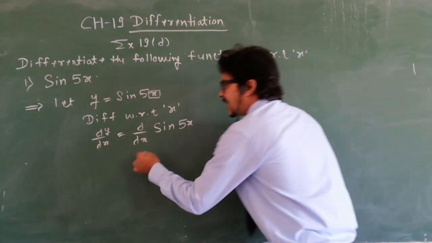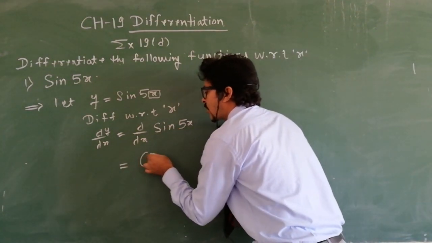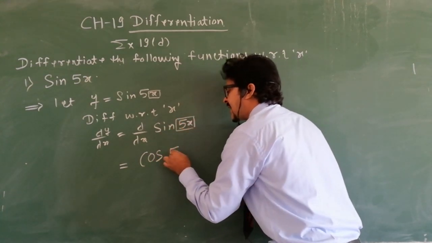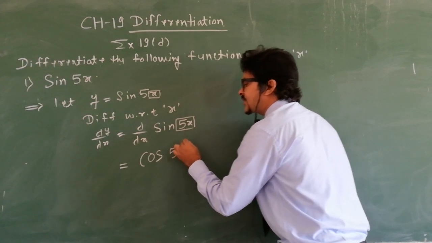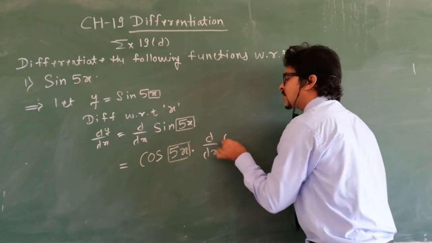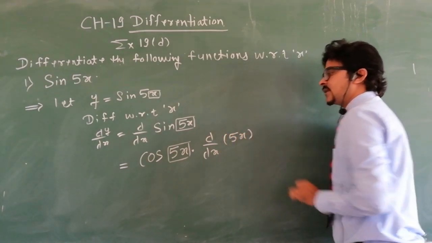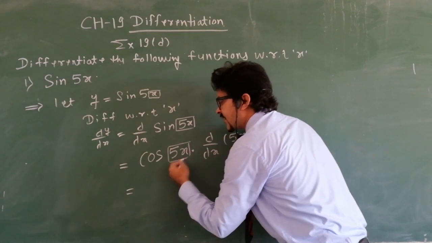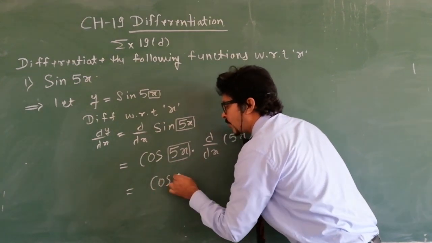So we can write directly cos x, and in place of x we write 5x as it is. Now again we need to differentiate this function, d by dx of 5x. After that we write this cos 5x as it is, because there is no operation on it.